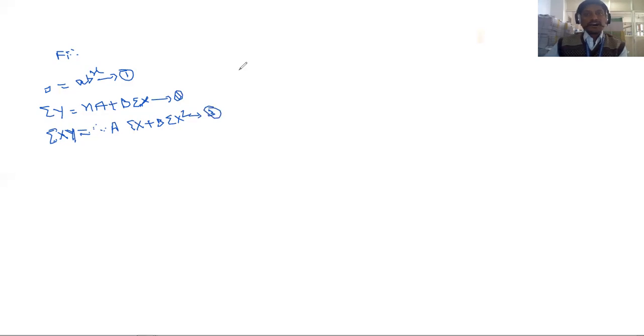And next we need to find the values of x and y. For that we use the data they gave.